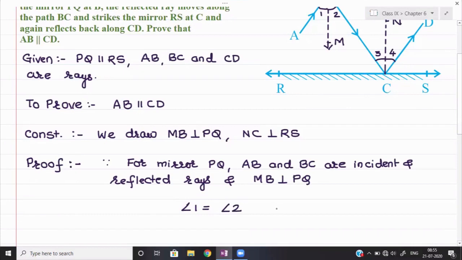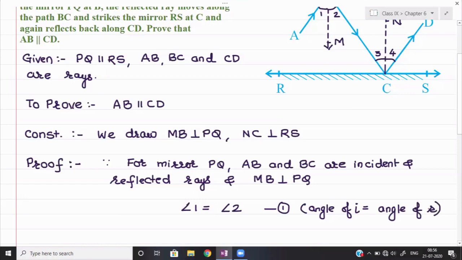We can give this one as equation number 1, and you can say that angle of incidence is equal to angle of reflection. In short only you can write down. If you have time, then you can write I for incidence and R for reflection.